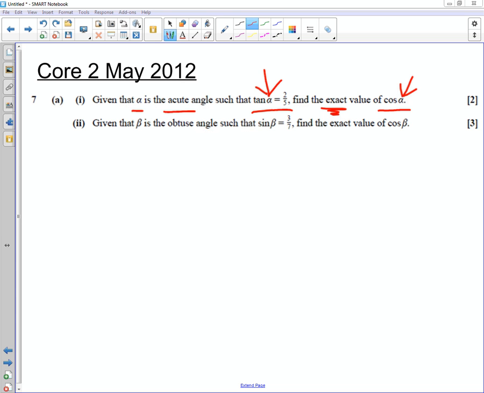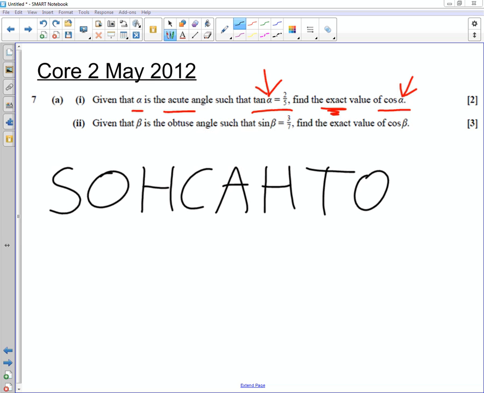So, given that alpha is the acute angle such that tan alpha equals 2/5, find the exact value of cos alpha. Now, if I say the magic words SOH CAH TOA, that might clue you in on what you have to do to answer this. So, let's say I drew a right-angled triangle freehand.